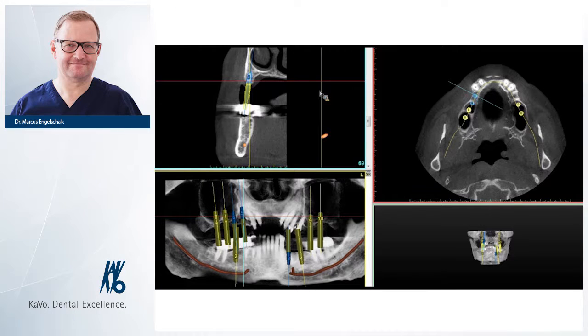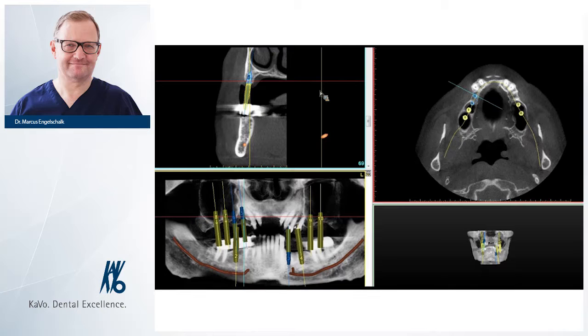And on this picture you can see the molar in the sinus. You can see some septums, and I think this is very important. If we just want to augment the area of the first molar or the second premolar, it's not that much of a problem. But if the second molar is missing and you plan to create a sinus floor elevation there too, then you have to perform a second sinus floor elevation with a second entrance.